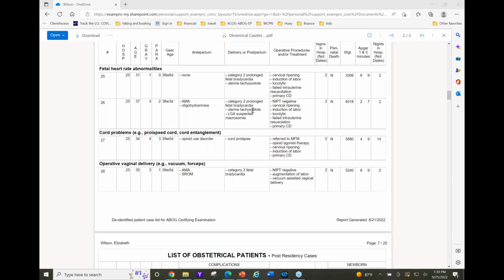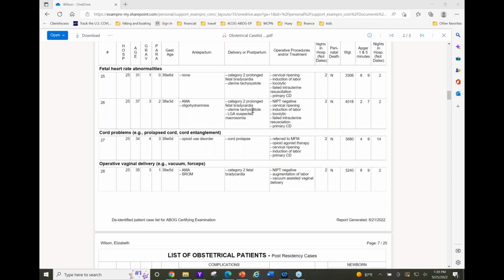Okay, so you use different cutoffs in different situations, or do you have a cutoff that you use in your practice? The one I use in my practice is 4,000 grams. And LGA is defined as what? It is the 90th percentile of estimated fetal weight, or an abdominal circumference greater than the 90th percentile.